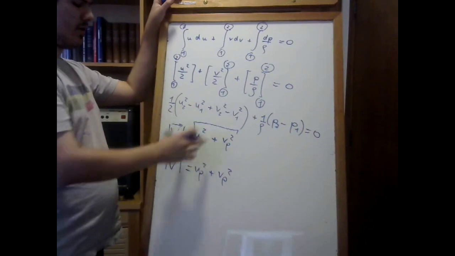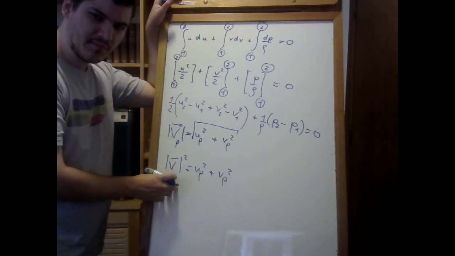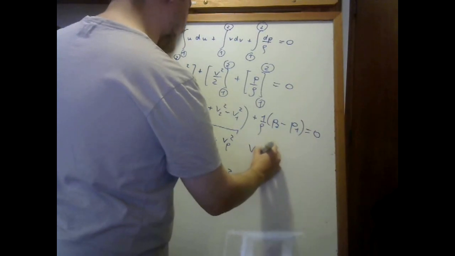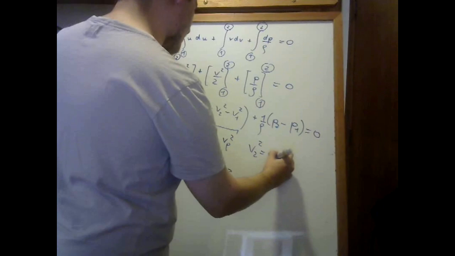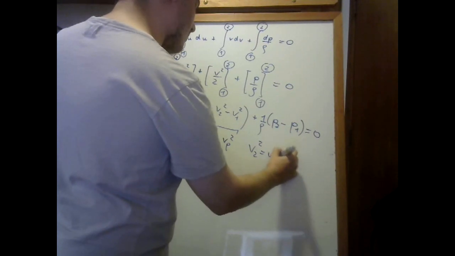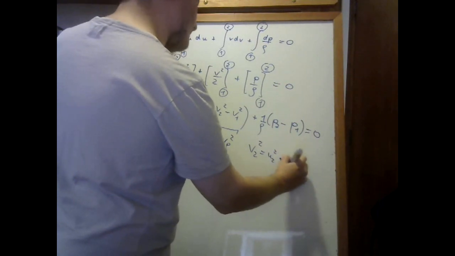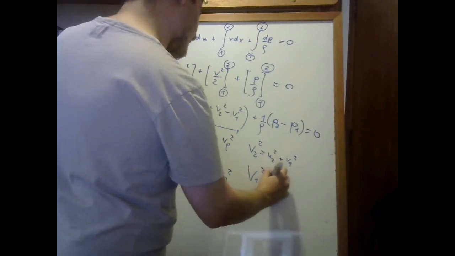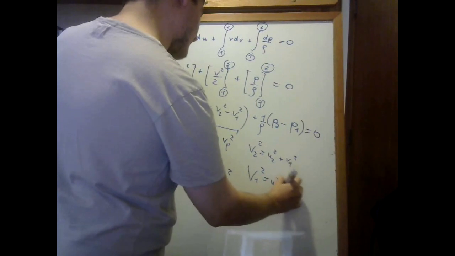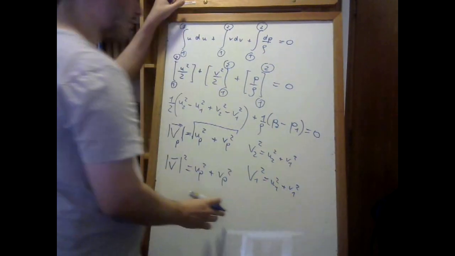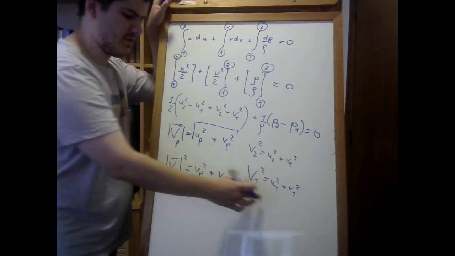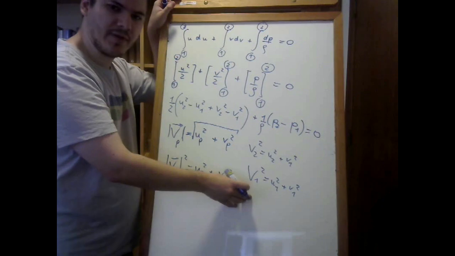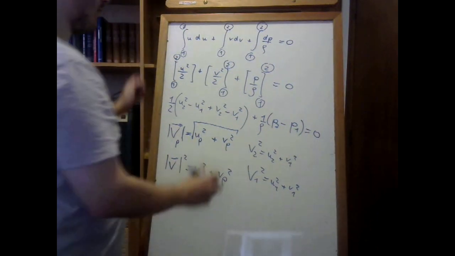So we can rewrite this equation here in terms of the velocity magnitude. So what we obtain is that V2 squared is U2 squared plus ... So this is not the same V as this one. This is the V for velocity magnitude, the capital V. Okay.